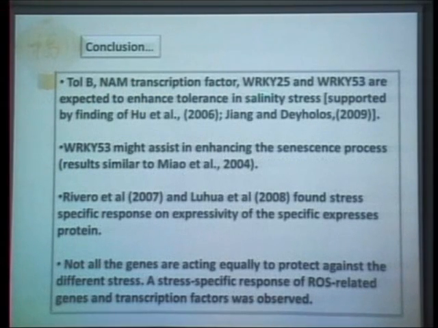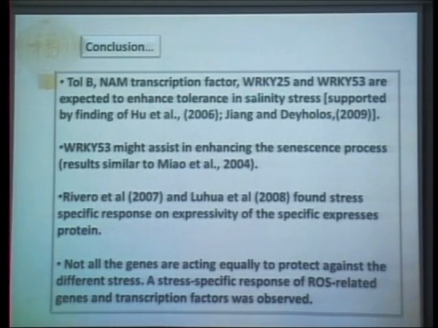TOL-V, non-transcription factor, ROCK25 and ROCK53 were expected to enhance tolerance against salinity stress. And our results were analogous to findings of Hu et al. and Jiang and Deyholos in 2009. What they found is they overexpressed the ROCK25 and non-transcription factor.